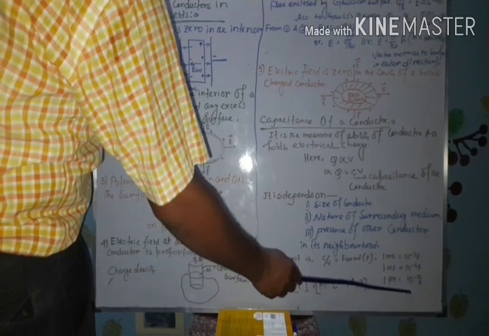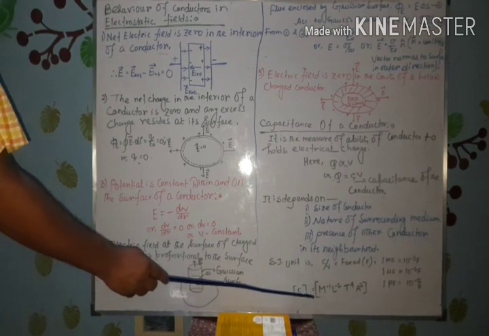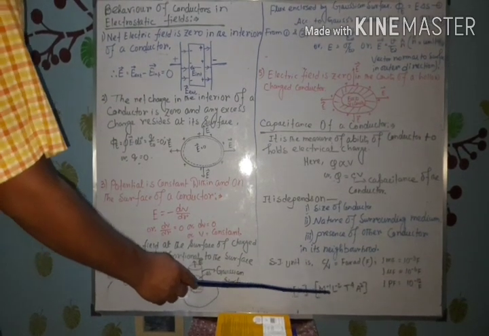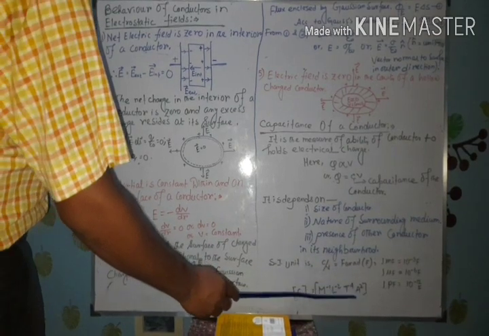You have to remember. And the dimensional formula of capacitance is M inverse L to the power minus 2 T to the power 4 A square.